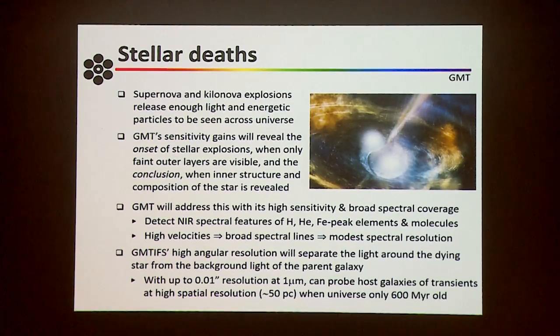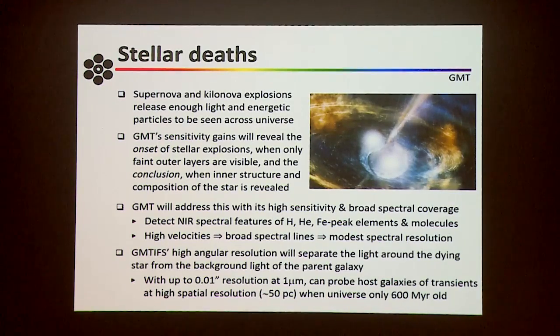The onset of the stellar explosion, when only faint outer layers are visible, tells us a lot about the conditions immediately prior to the actual explosion, and the conclusion, when the inner structure and composition of the remnant is actually revealed. So GMT can address this both because it has high sensitivity and because it's got broad spectral coverage.